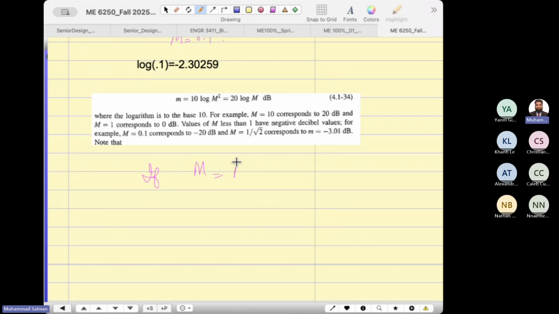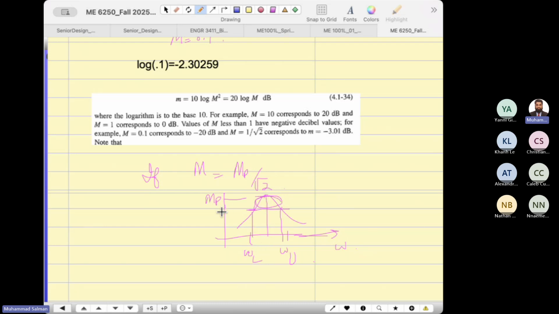Suppose this is your bandwidth, and this is the maximum amplitude, which is mp, and this is my frequency axis. This is my lower limit, this is my upper limit, and I want to find out which magnitude I will consider for my reasonable amplitude.